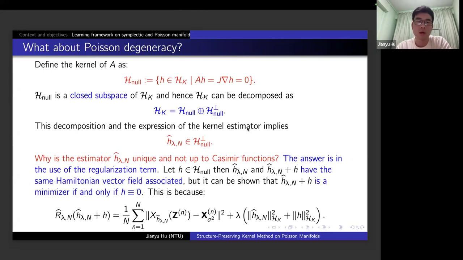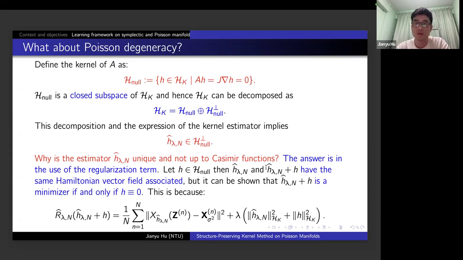So one may wonder why the estimator is unique, not up to Casimir functions. The reason is in the use of the regularization term. In fact, we can show that the estimator lies in the orthogonal complement of the kernel space, which is defined as this.